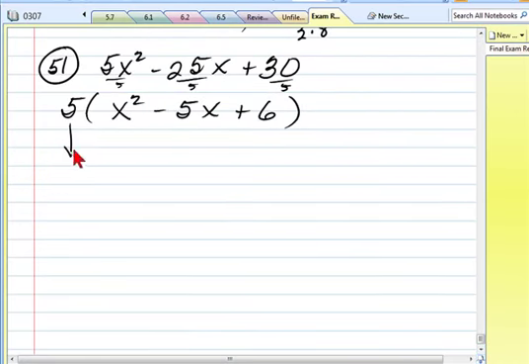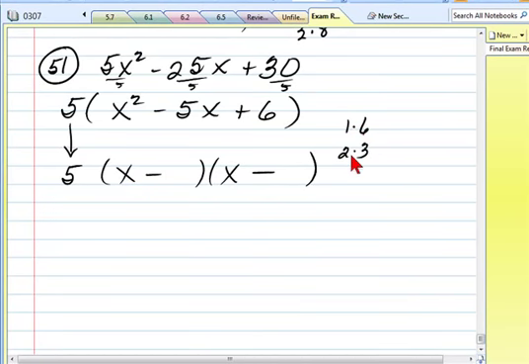Yes. Keep the 5. Don't lose it. If the last sign is positive, what does that say the two signs have to be? Both negative. So I have an x and an x. I can either use 1 times 6 or 2 times 3. I need their sum to be 5. 2 and 3, it doesn't matter what order you put them in.